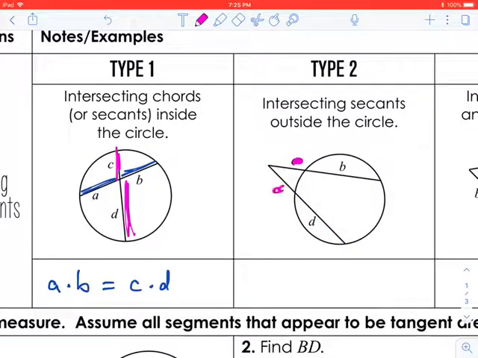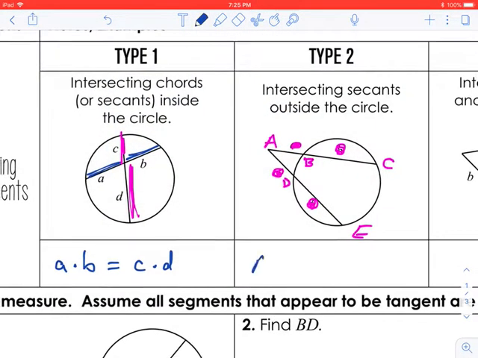So your picture might already be like that, but let's say this is AC, and then that point is B, and then E, and this point is D. So if that's the case, you have the whole thing, so AC times just the part that's outside, AB, equals the whole thing again, so AE times the part that's outside, which is AD.